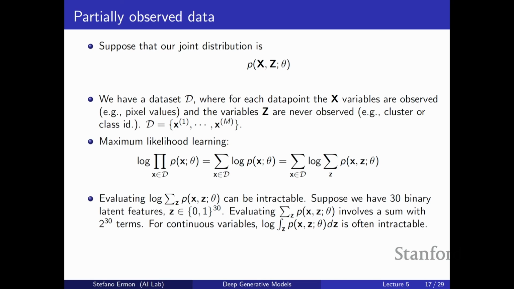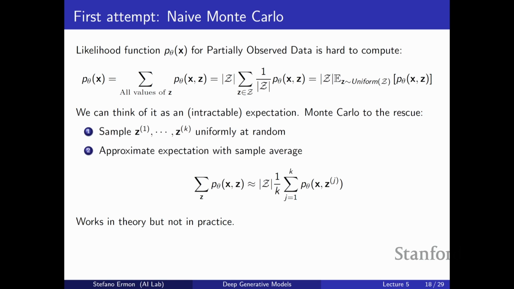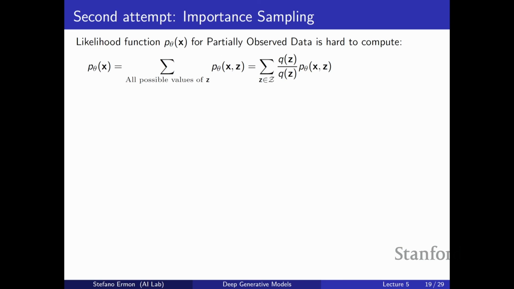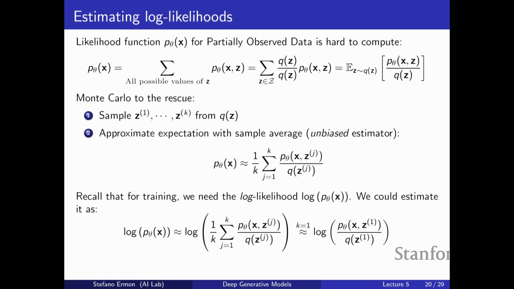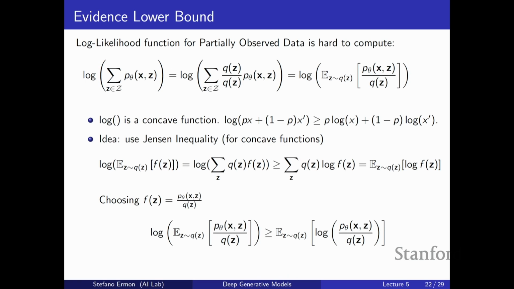And the good news is that we can get a lower bound on that quantity through this machinery. And then the strategy is basically going to be, let's try to optimize this lower bound.